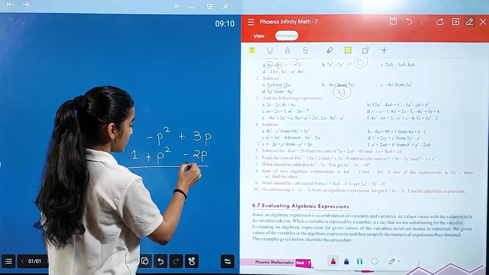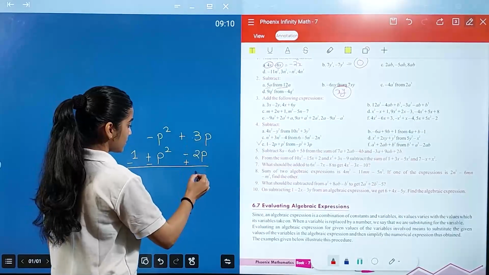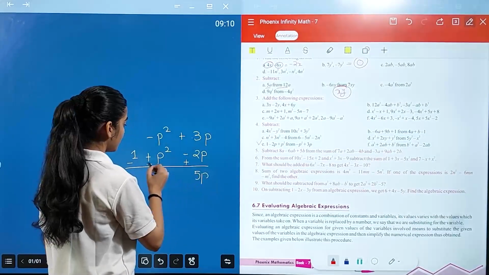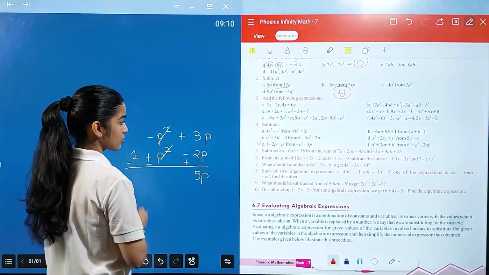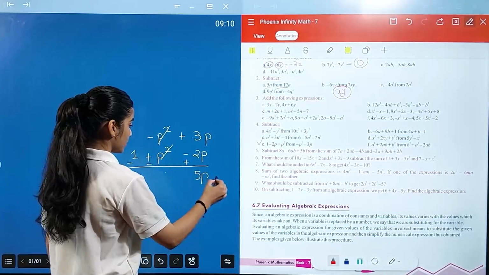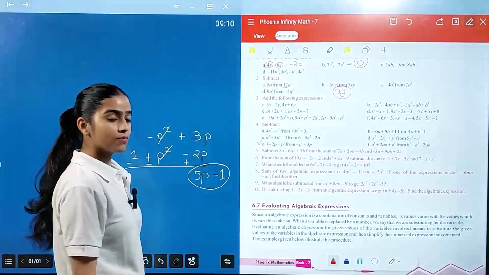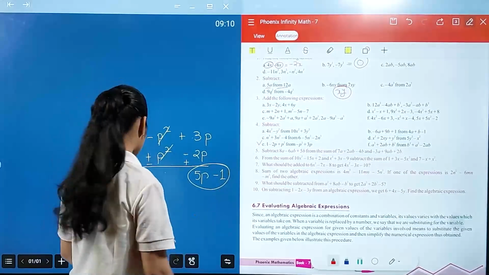Now the signs are opposite: plus, minus and minus. So p square minus p square cancels, and 3p plus 2p is 5p. Now 1, so minus 1. So this is your answer, 5p minus 1. So in the same way you have to do the rest of the parts in question number 4.